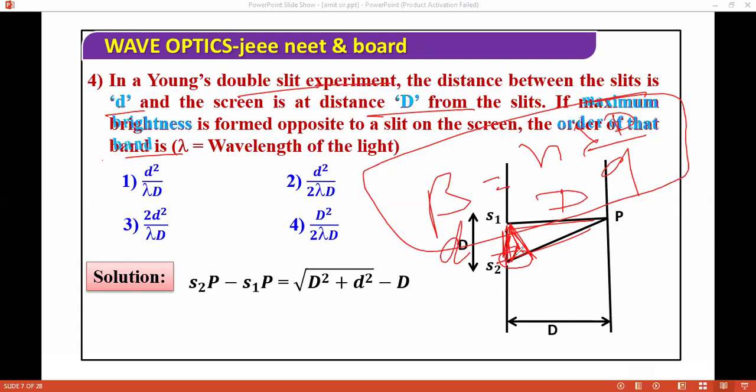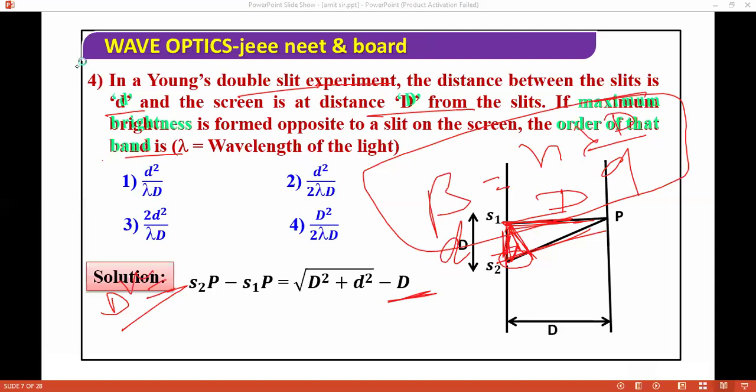From here you can find capital D square minus d square, and if you put this value as S1P, what is S1P? That is capital D. From here you can get S2P minus S1P, which is the path difference.